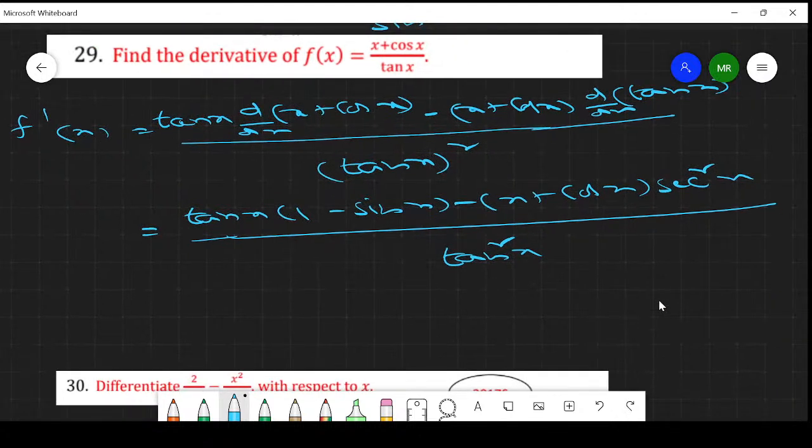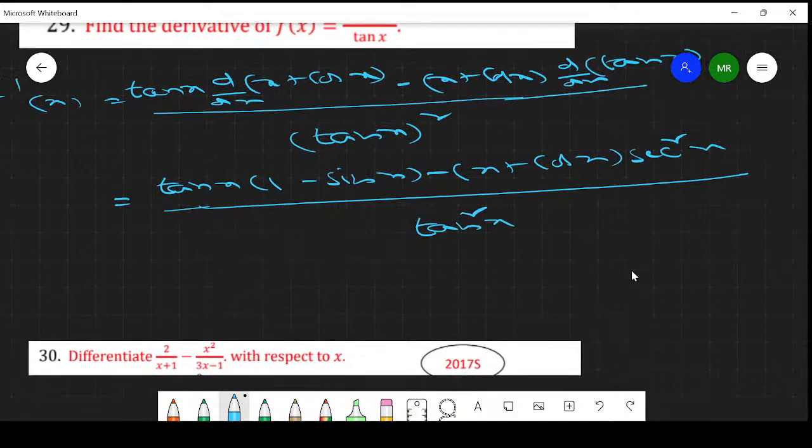I have just taken the quotient rule. Otherwise, we multiply: tan x minus tan x into sin x minus x secant square x minus cos x secant square x. I can say the derivative of tan x is secant square x. If you want, you can simplify tan x minus sin x, everything.